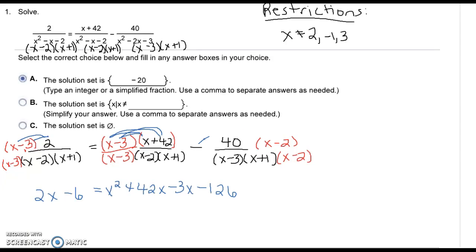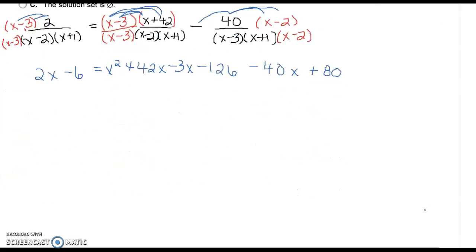Then we're going to do this minus with the 40 and distribute it like that. So it'll be minus 40x plus 80. Alright, let me give myself a little more room here.